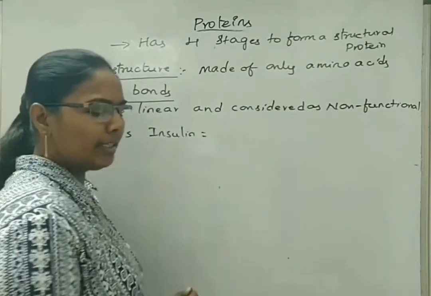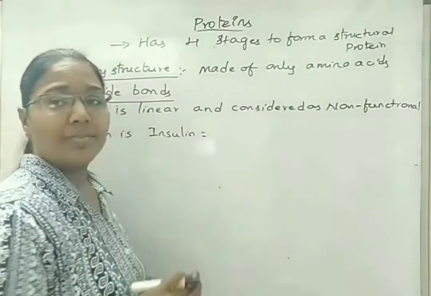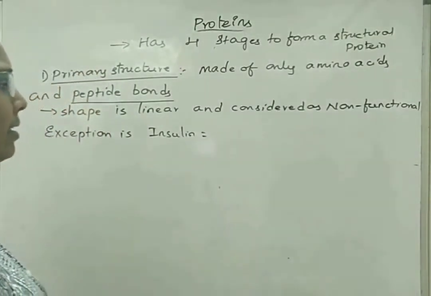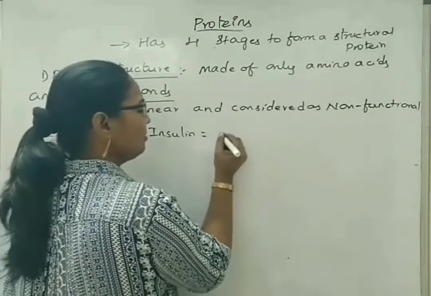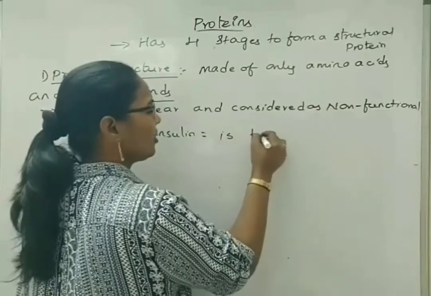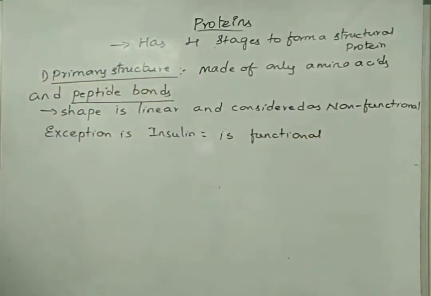Insulin is nothing but the primary structure of the protein, but still it is functional. It is responsible for decreasing the glucose levels in the blood of human beings or animals. Insulin is functional in its polypeptide or primary structure form.